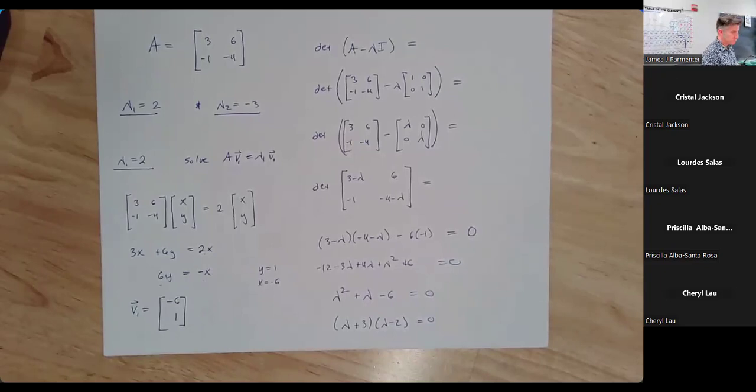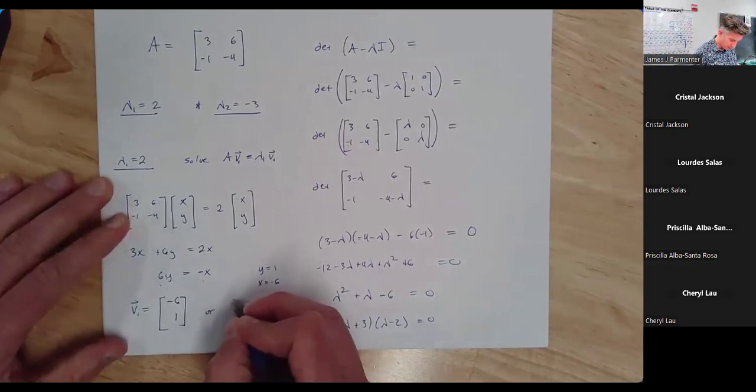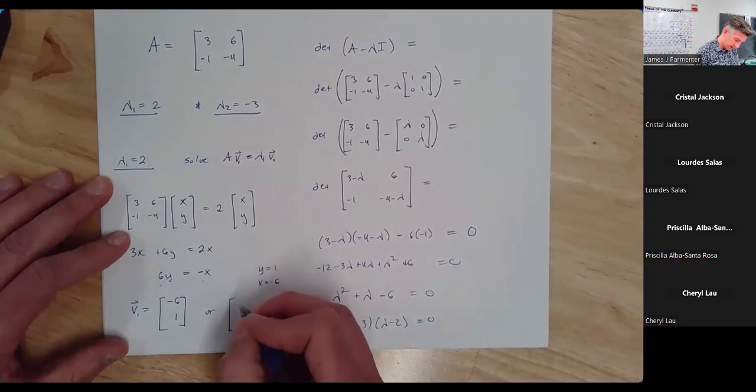You could have picked 12 and negative 2, or anything that is a multiple of this vector. Any non-zero multiple of an eigenvector is also an eigenvector for that same eigenvalue. You could have picked something silly, like 300 comma negative 50.